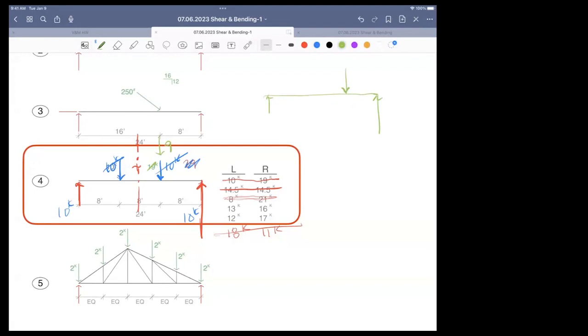What are my intercepts? It looks like 8, 16, and 24. And I am trying to balance the green 9 because I balanced the two blue 10s. I'm done with those. So now I am going to invoke that shortcut that we did a little while ago: 8 over 24 versus 16 over 24.